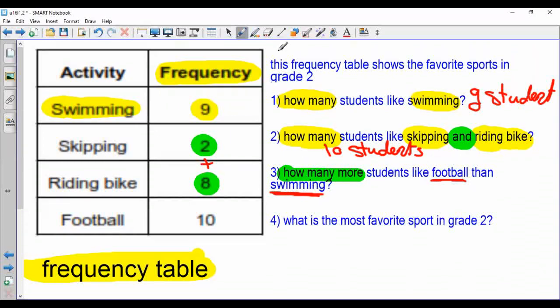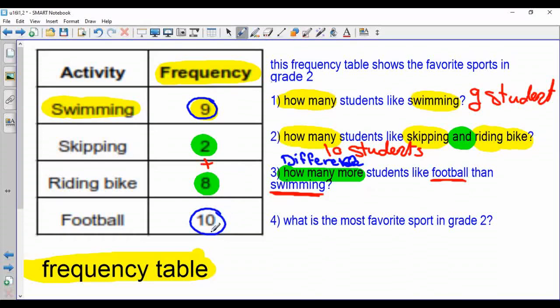By subtraction. First of all, let's have a look at the frequency of football. Football is 10 and the frequency of swimming is 9. I said how many more means difference or change, and I can find the difference or change between two things using subtraction.